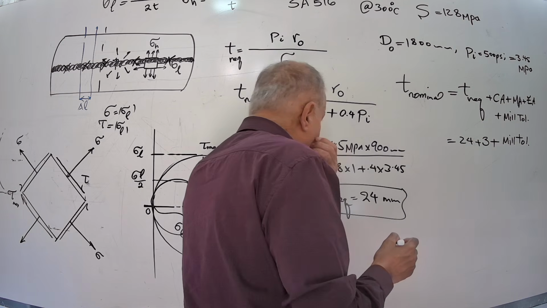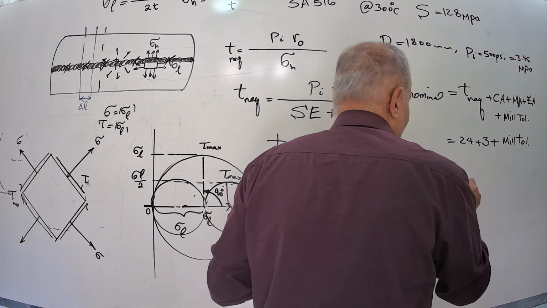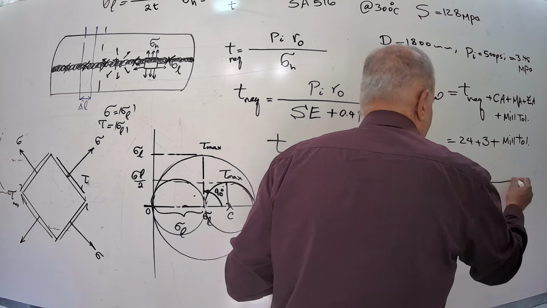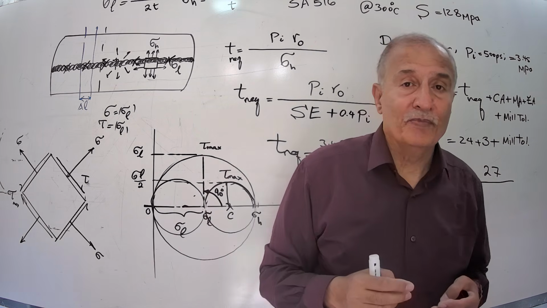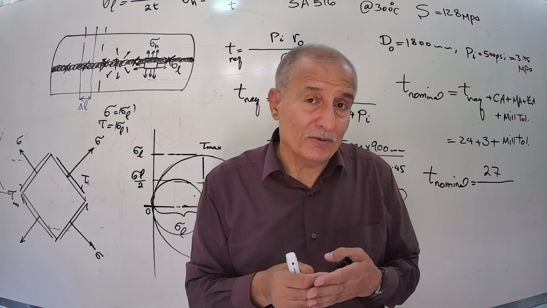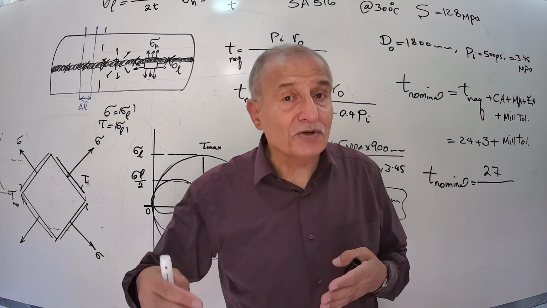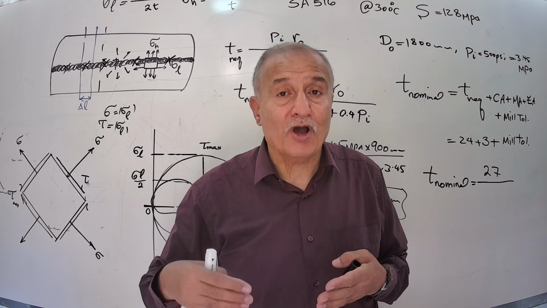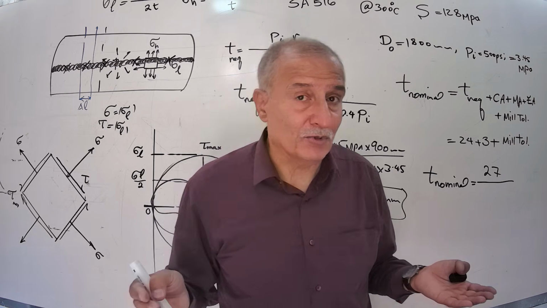Okay, we get here T nominal is equal to 27. How do I consider mill tolerance? I say: how much was the nominal size of the plate in the market that after reduction of 12.5% tolerance, it reached 27? How much was that?